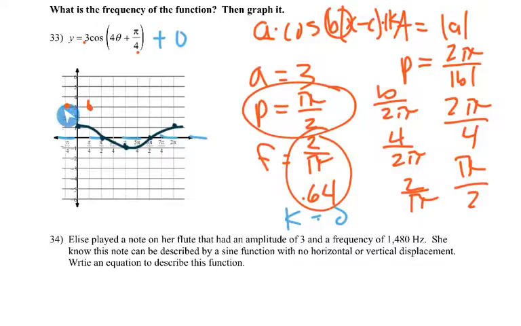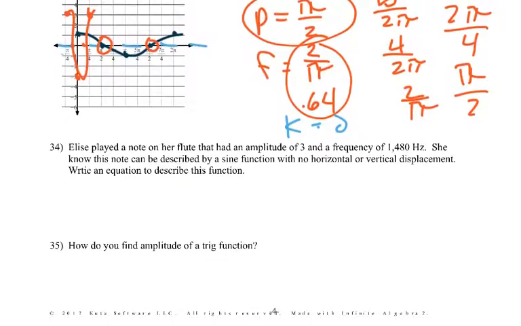So here's our start, here's our end, we go to the middle, we go below to -3. Then our midline points are between those first two and last two. So I'd kind of estimate halfway in between, and it would look something like this. Okay, very small, because of how small our period is.